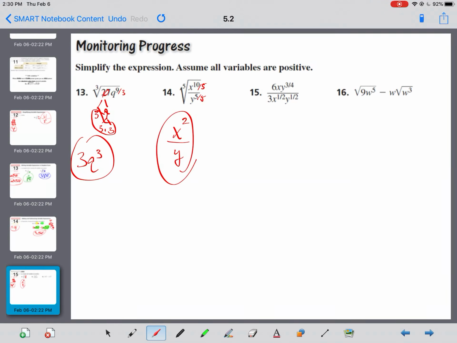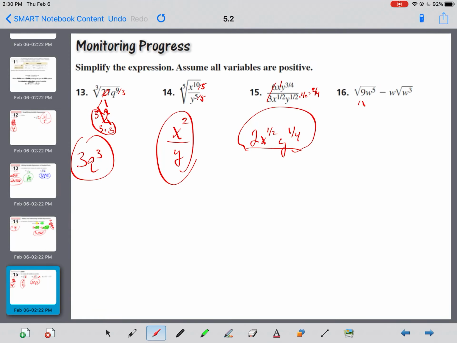Odds, so we don't have to worry about that one. 3 divided by 6 is 2. X to the first, 1 minus 1/2 is x to the 1/2. Y to the 3/4 minus 1/2. 1/2 would be 2 times 2, which is 2/4. 3/4 minus 2/4. 3 minus 2 is 1. So we got y to the 1/4 there. Nothing on the bottom after that.